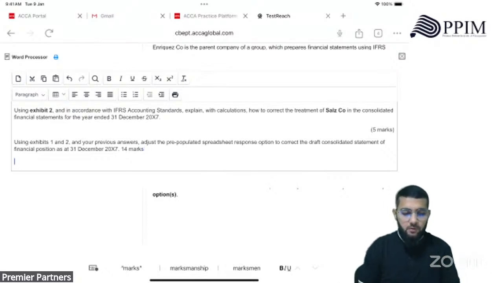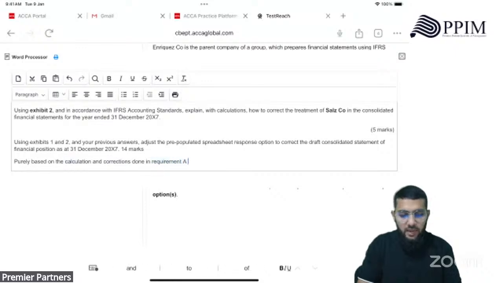It's purely based on the calculation and correction done in requirement A and B, which means if you have attempted A and B with precision, this would be easy.